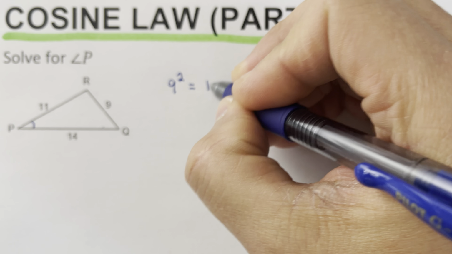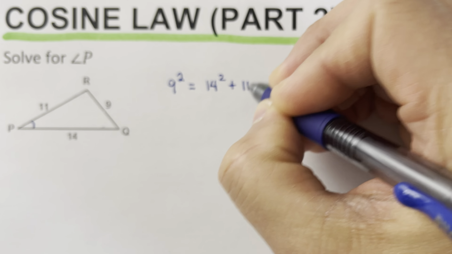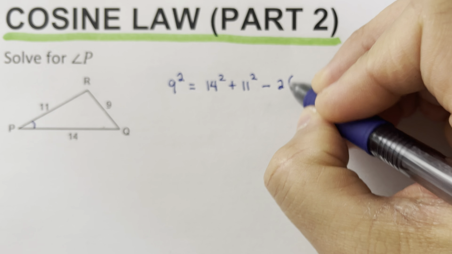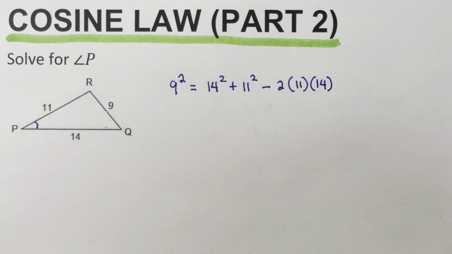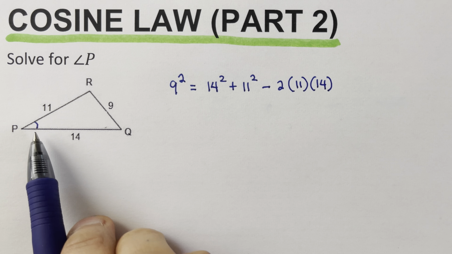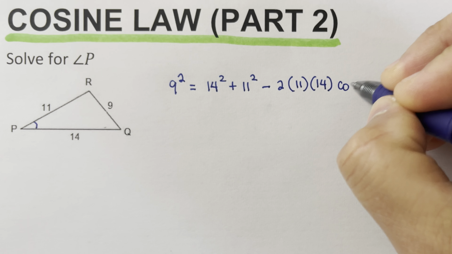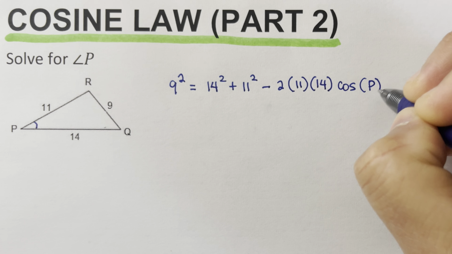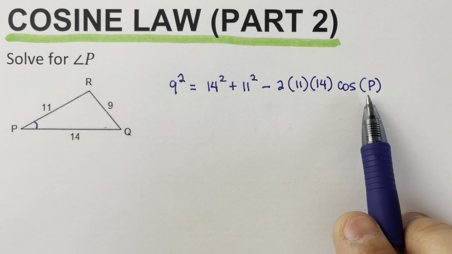So 14 squared plus 11 squared minus twice the product of these two sides, 2 times 11 times 14, multiplied by the cosine of the angle between them, which is cosine of P. P is missing, so I keep it as the variable P.